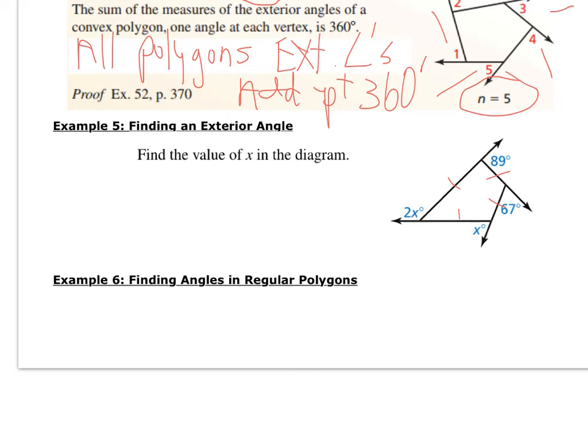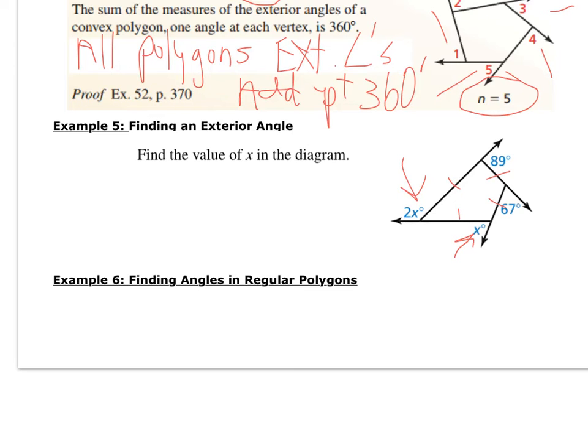When you look at this, 2 of the angles, right there and right here, have variables, and fortunately they both have an x. Well, here's the deal. Does it matter how many sides this object has? No. Since we're dealing with the exterior angles, all these angles have to add up to 360.